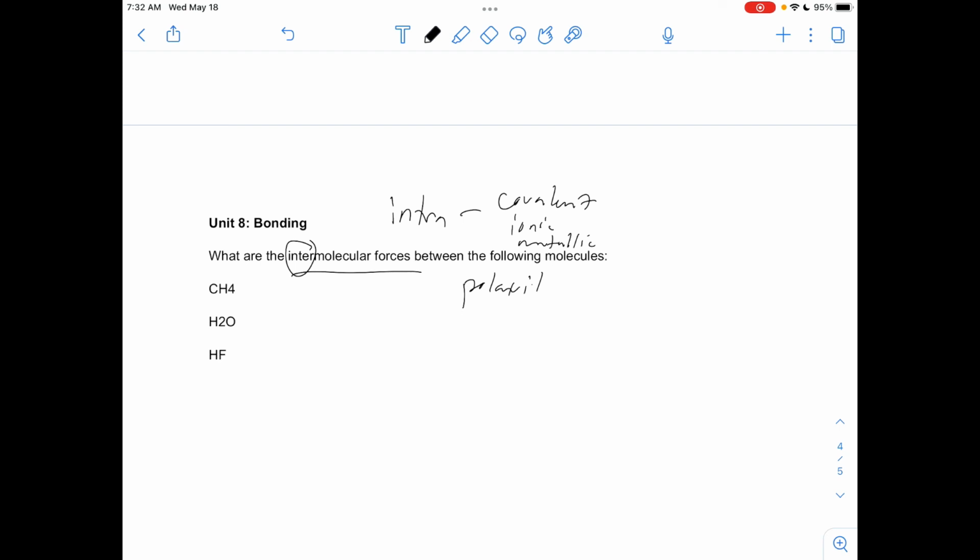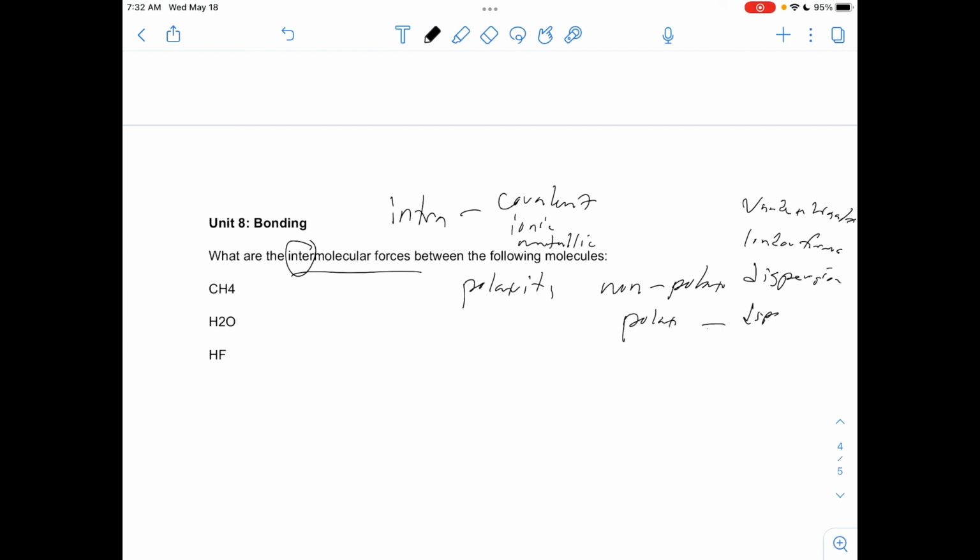It all depends upon polarity, mostly. If it's nonpolar, it's going to have dispersion forces, which are also called London forces or van der Waals forces. There are a lot of names for them. It's the weakest kind of intermolecular force.